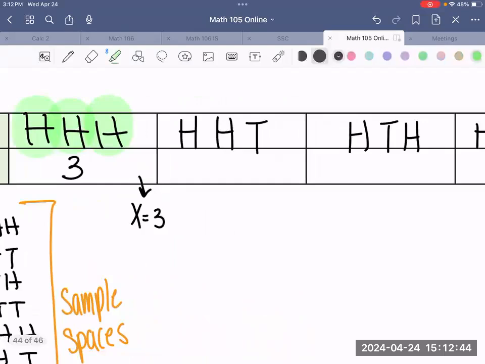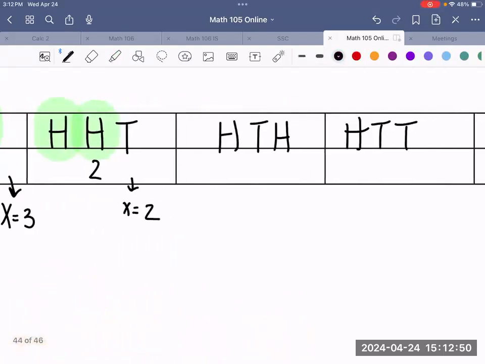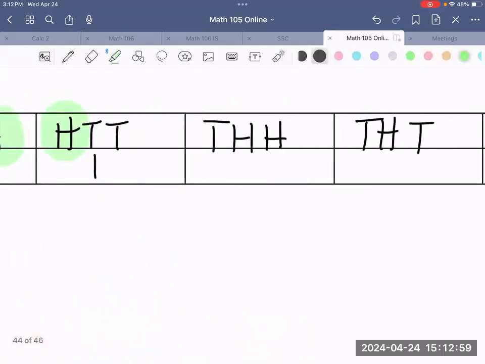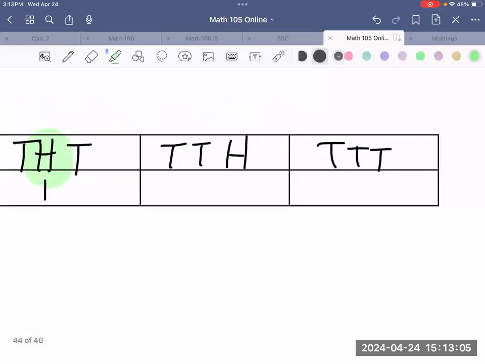Keep moving on. We have 1, 2. So this would be X is equal to 2. And we're going to keep going here. Heads, heads, heads. And the last one. 1 and 0.